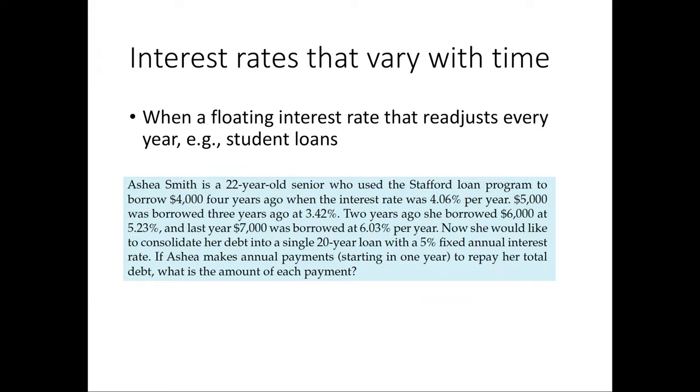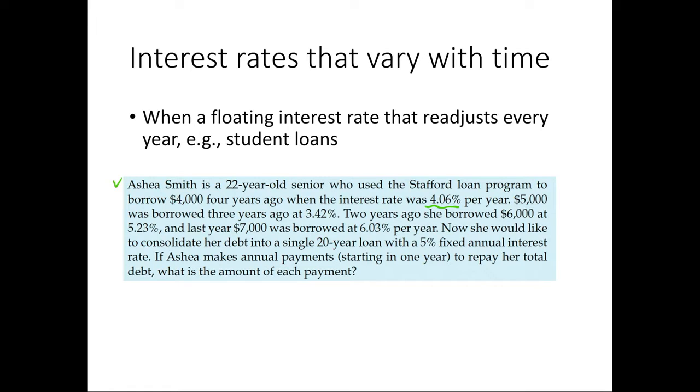And here is the example. Ashia Smith is a senior who used the Stafford loan program to borrow $4,000 4 years ago, so it's an earlier time. At that time the interest rate was 4.06% per year.